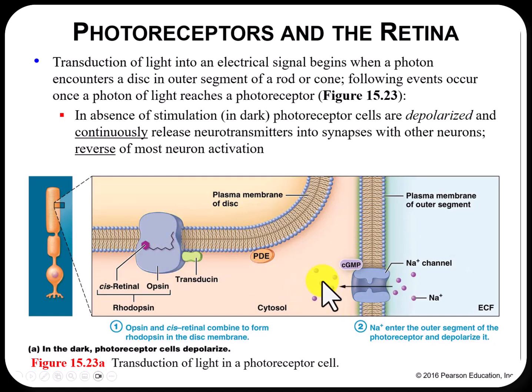And like I said, when it is inactive, the gates are actually open. So this is constantly being depolarized, and that signal is inhibiting the bipolar cells. So in the absence of stimulation, photoreceptors are depolarized and continuously release neurotransmitter, and that inhibits the bipolar cells so that they can't fire an action potential.